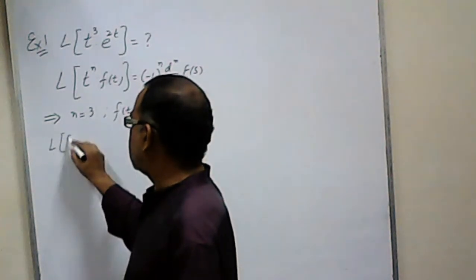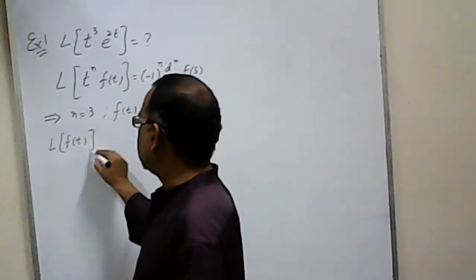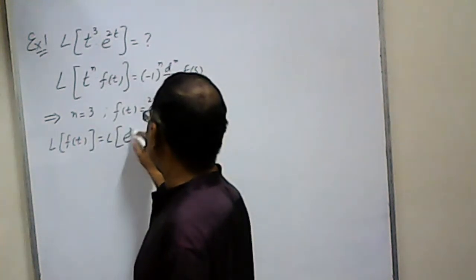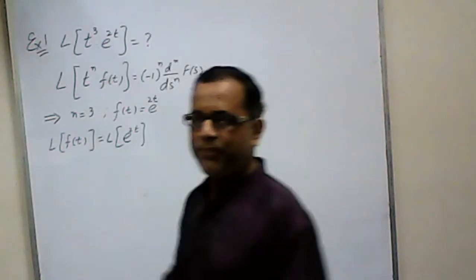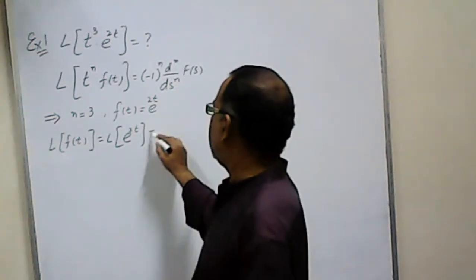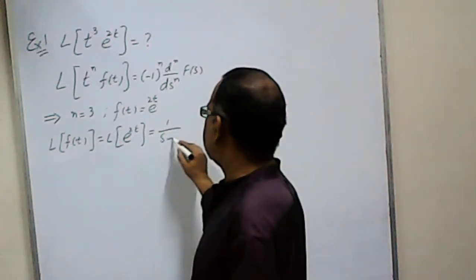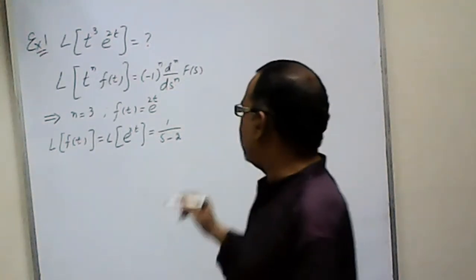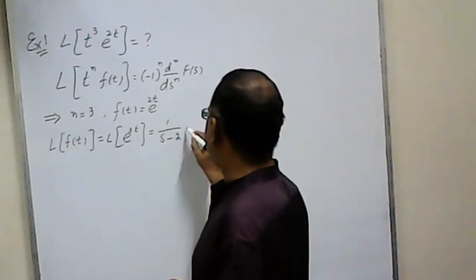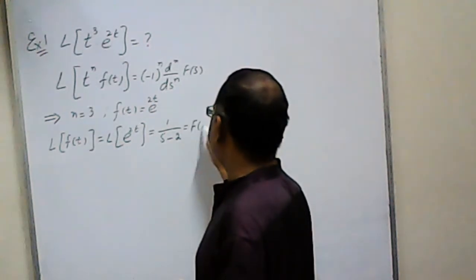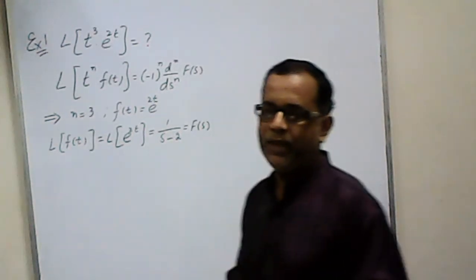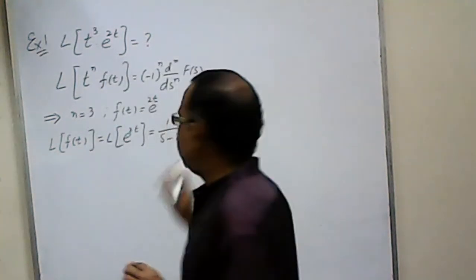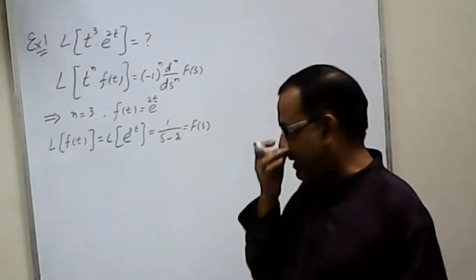So Laplace of function of t, which means e power 2t. So Laplace of e power 2t is 1 over s minus 2. And if you remember, the Laplace of function of t is also known as function of s. So whenever you find the Laplace of a given function, it is generally known as function of s.